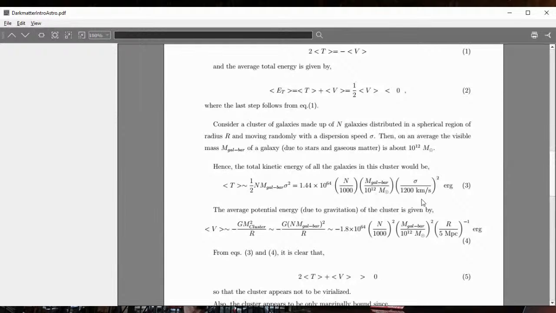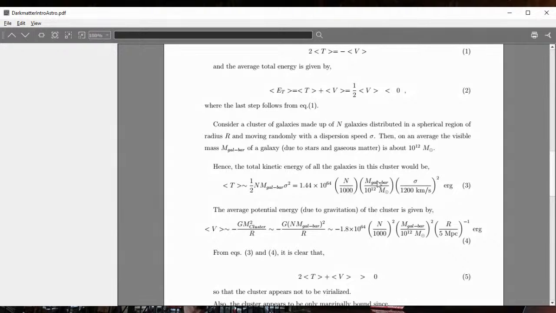Huge energy, right? Look at the numbers. 10 raised to the power 64 erg. Obviously, because we are dealing with a cosmic source, the numbers are also going to be astronomically large. So equation 3 gives an estimate of the kinetic energy associated with a galaxy cluster. And the way I have written it out, if the number in the cluster changes, you can substitute that number.